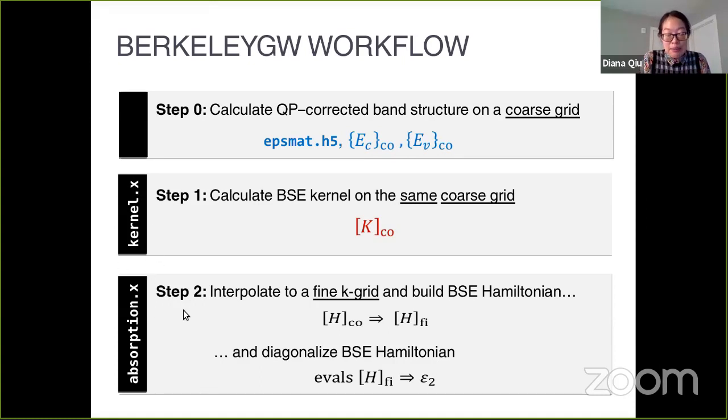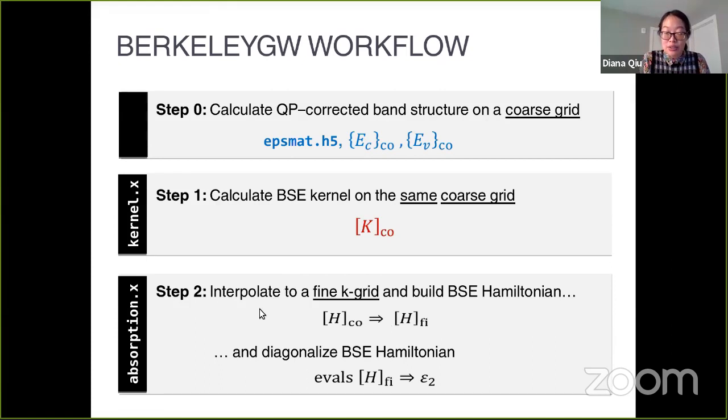In the second step, we're going to run an executable called absorption.x. What this executable does is take as an input file the kernel, referred to as bsemat, and then interpolate this kernel from a coarse grid to a fine grid and construct the full BSE Hamiltonian, which is the kernel plus the diagonal term.